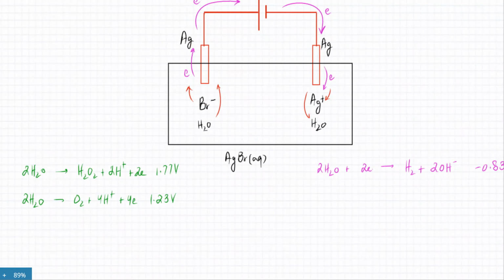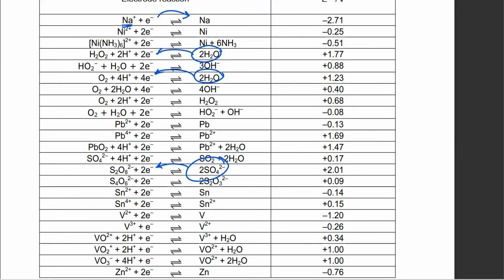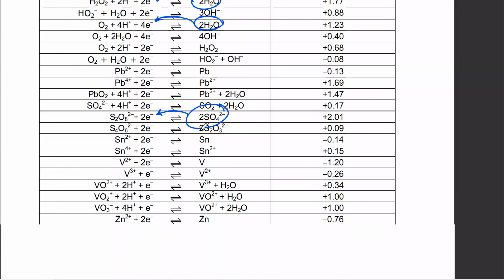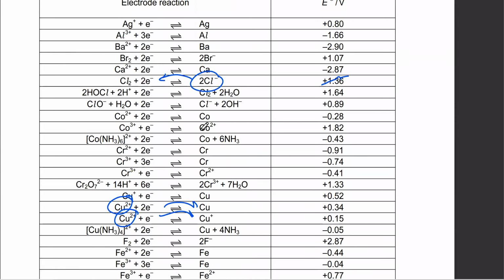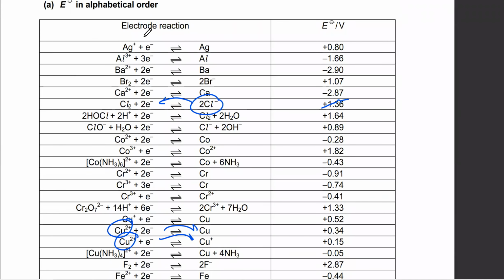So let's open the data booklet and find out where Ag is. Ag is going to be in A. So the first one over here, that's your Ag+1, and it's gaining electrons. I'm going to write that down. One second, let me copy that.